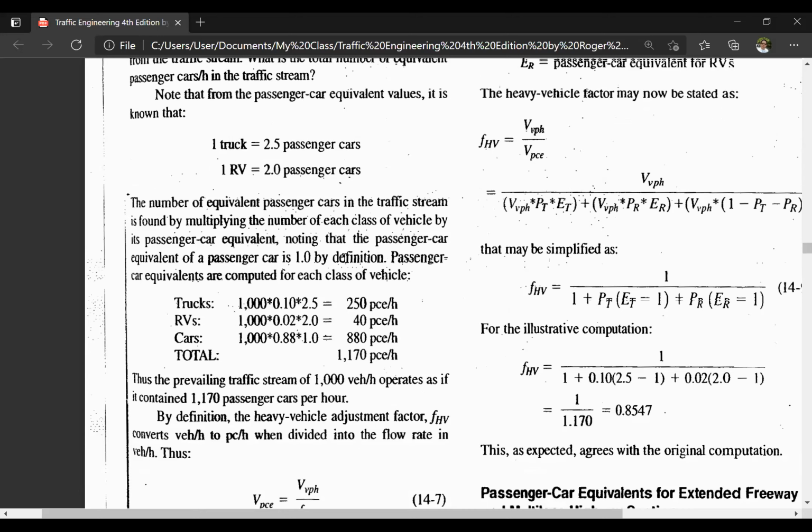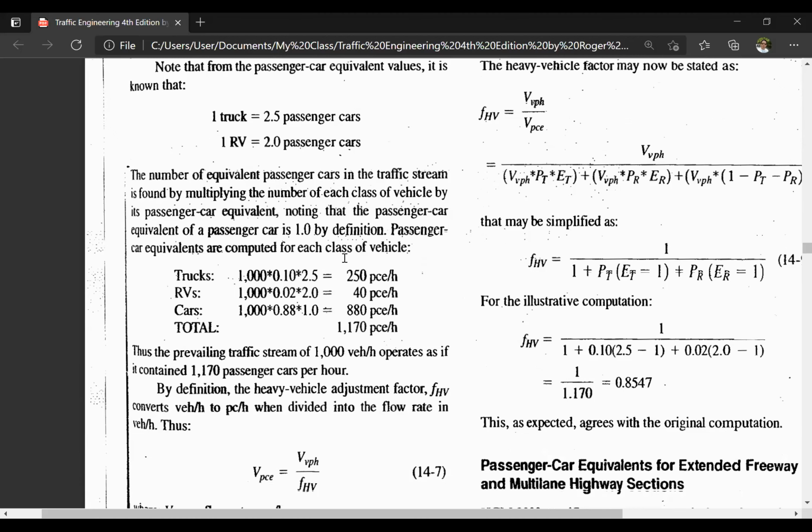So the number of equivalent passenger cars in the traffic stream is found by multiplying the number of each class of vehicle by its passenger car equivalent, noting that the passenger car equivalent of a passenger car is 1.